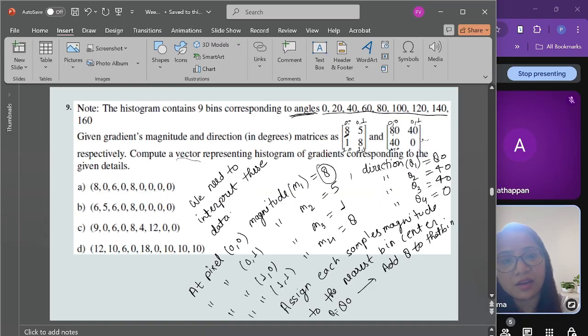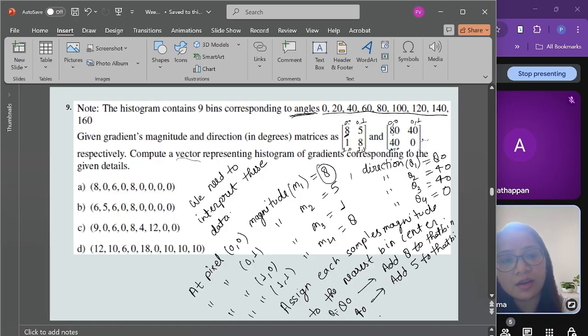When angle 80 comes, add 8 to that bin. Similarly, when angle 40 comes, add 5 to that bin.